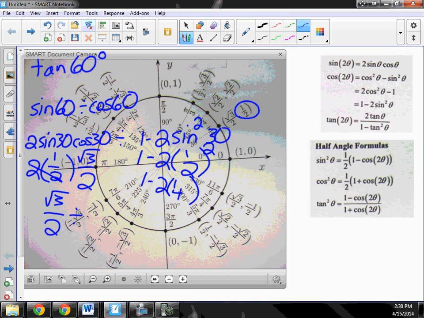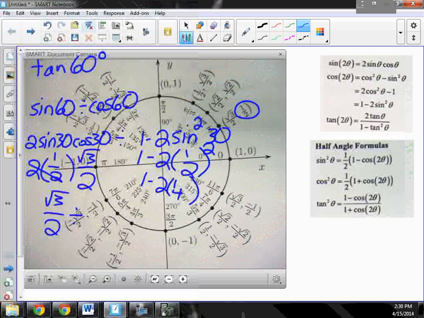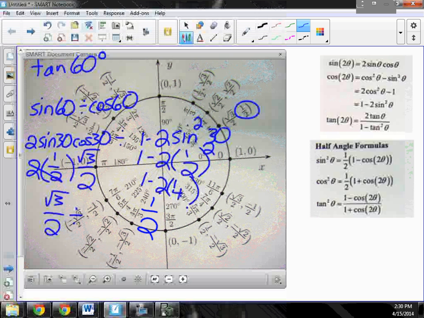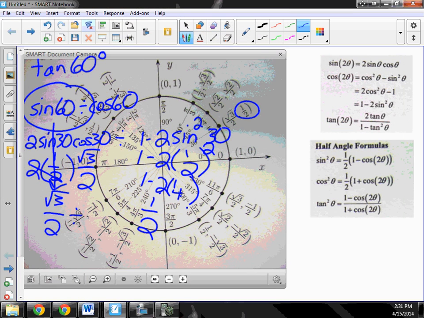Am I going too fast? Okay, I'll slow down. Sorry. So 2 times 1/4 is 2/4, which is 1/2. So 1 minus 1/2 is 1/2. So my sine of 60 is root 3 over 2. My cosine of 60 is 1/2.